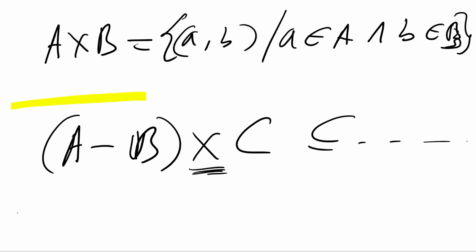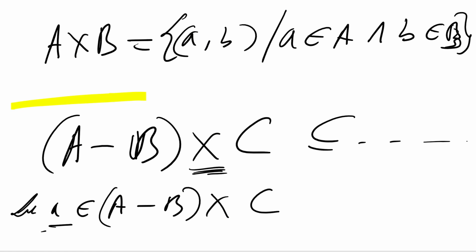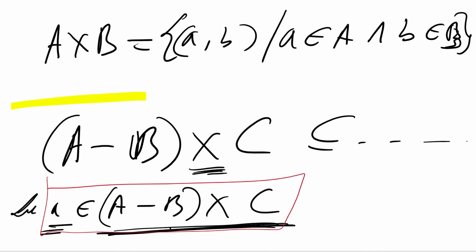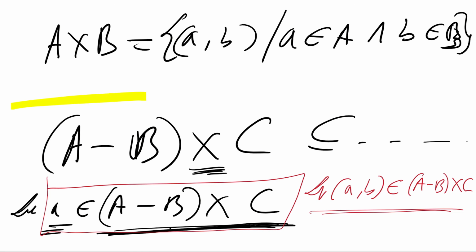You cannot say, let a be in (A minus B) cross C, because based on the definition of the cross product, it has to be a pair of elements. This is not going to be good. But what you can do is say, let (a, b) be in (A minus B) cross C. So you can do this, because it's going to be easier to extend.